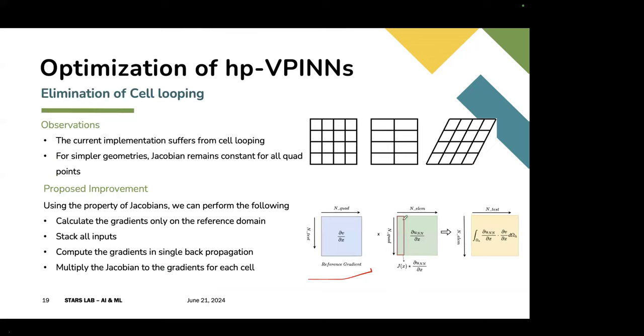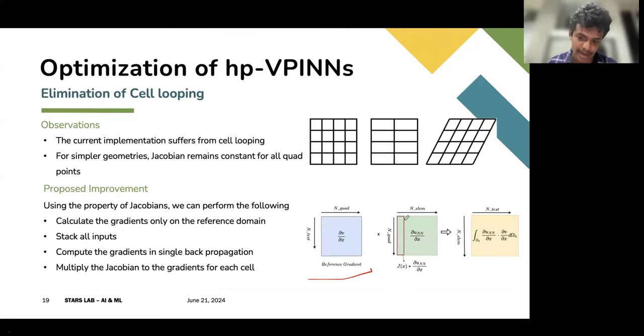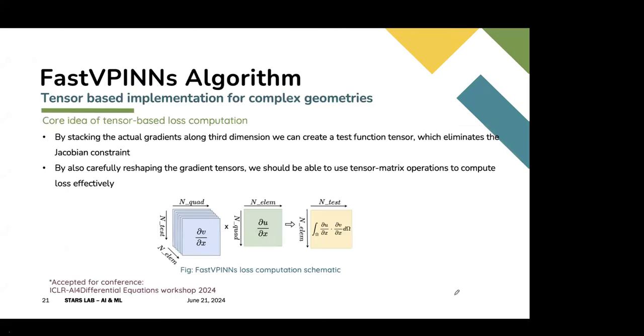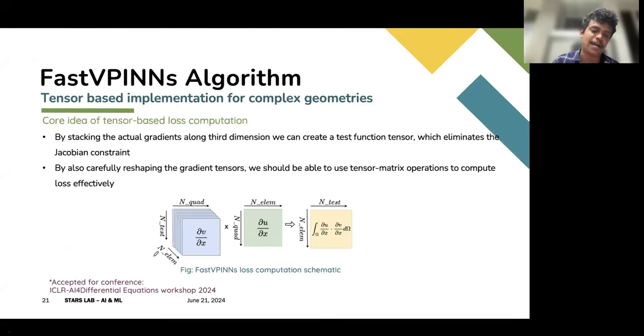So now, in a complex geometry, you cannot have a single Jacobian that, when multiplied by your reference matrix, can convert your reference gradient into the actual gradient for a given cell. So you have to stack your tensors. You go back to calculating the gradients in your original domain, then you stack them along this axis. Then you perform multiplication.